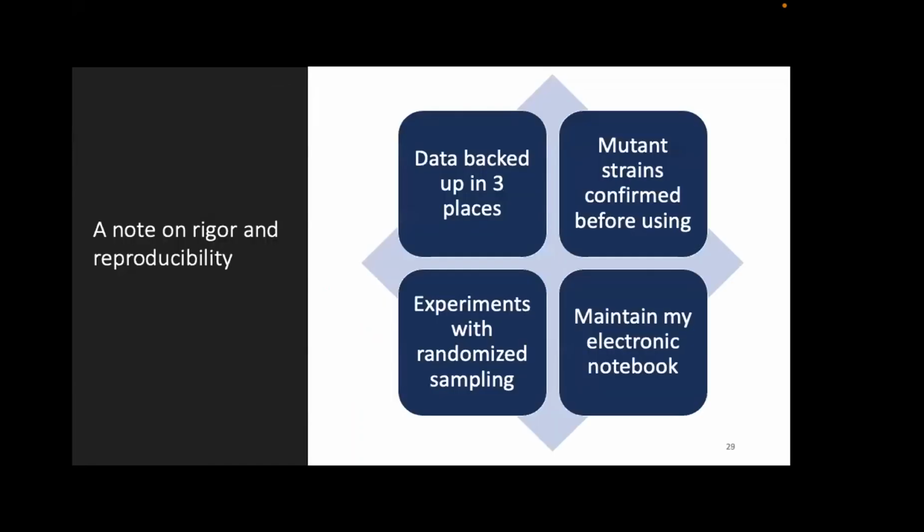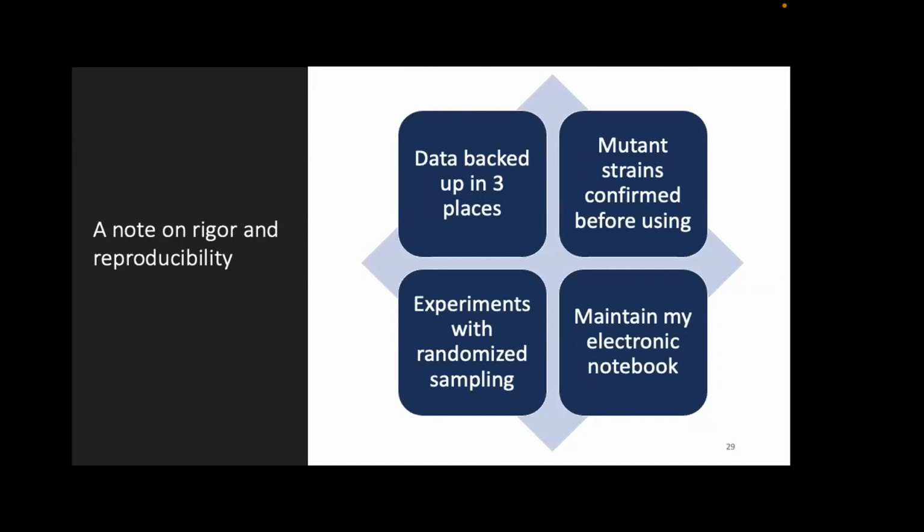And I wanted to finish up by talking about how I uphold rigor and reproducibility. I basically wrote down the first 4 things that came to my mind when I thought about the words. And one of the first things is I back up my data. I think one of the biggest things that scares me is that one day I will wake up and my data is gone.